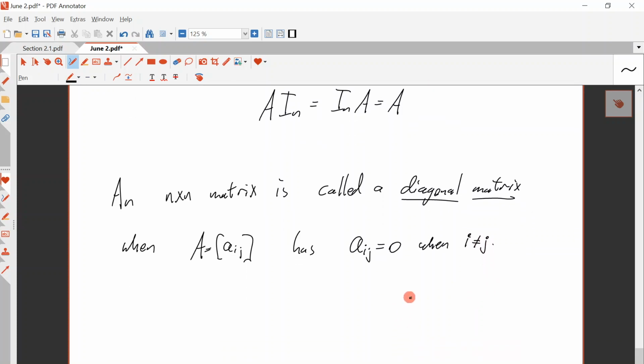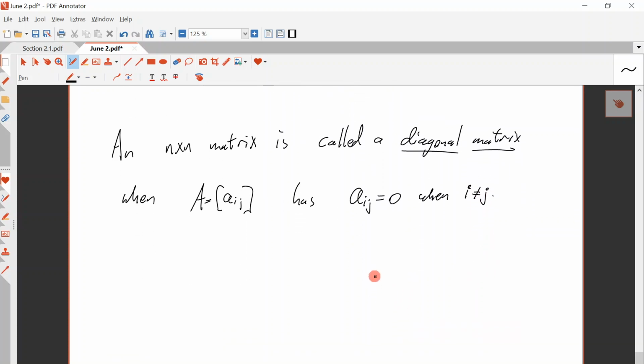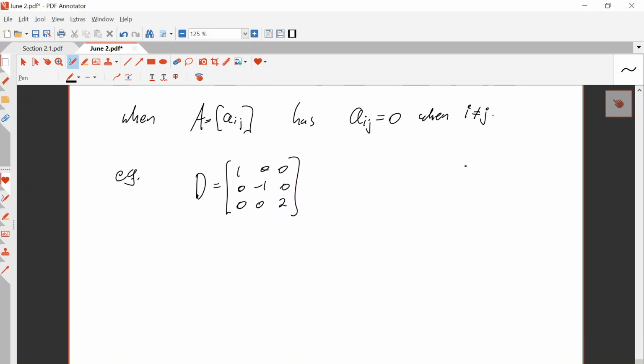So every entry off the main diagonal is 0. For example, here is a diagonal 3 by 3 matrix.